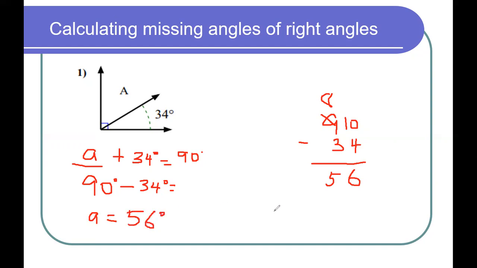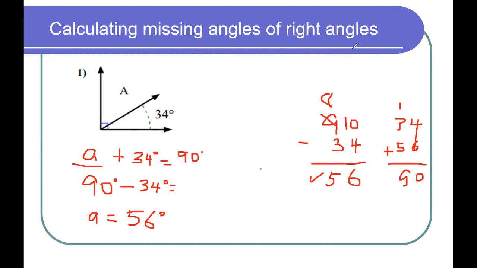Isn't it very easy? If you're going to check, 34 plus 56: 4 plus 6 is 10, carry 1, and the total is 90. So our answer is correct. Very easy.